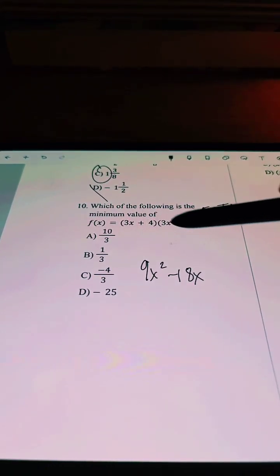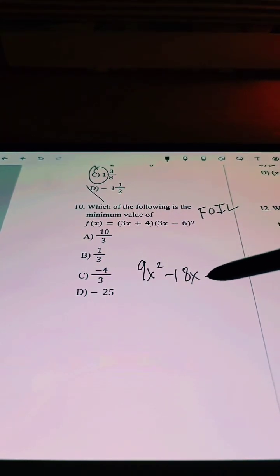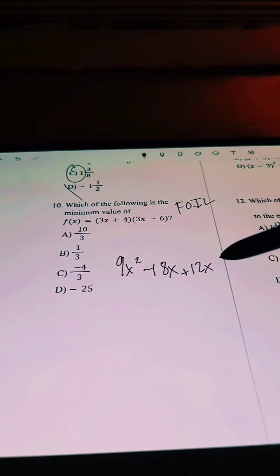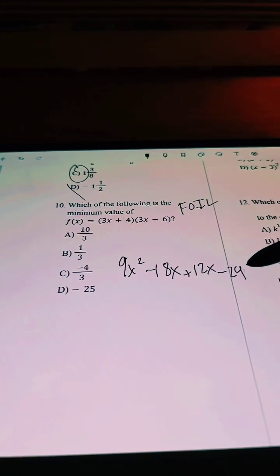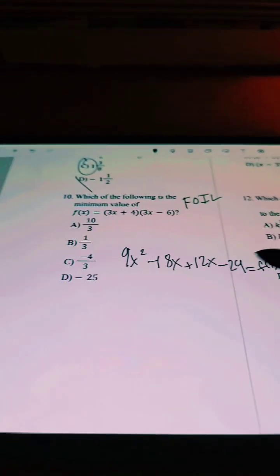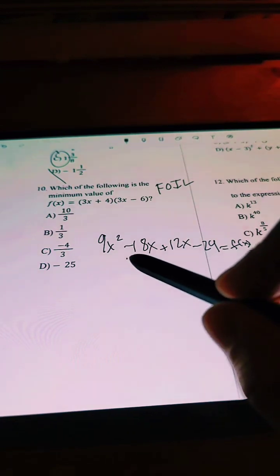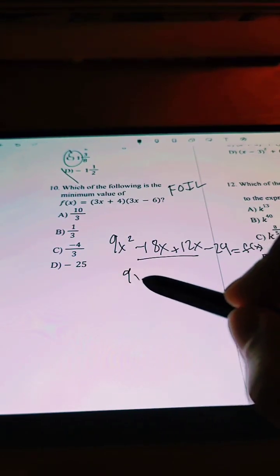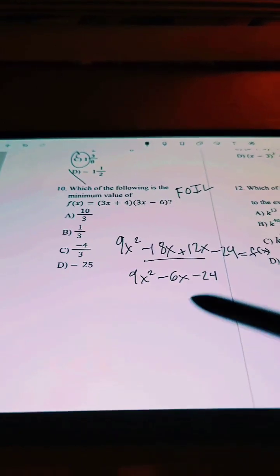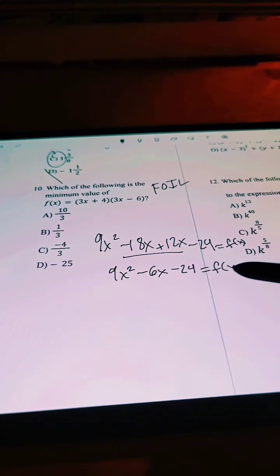I stands for multiplying the inner things, so 4 times 3x is 12x. L stands for multiplying the last things, so 4 times negative 6 is negative 24. And that all equals f of x. Now we combine like terms, so we have 9x squared minus 6x minus 24 is equal to f of x.